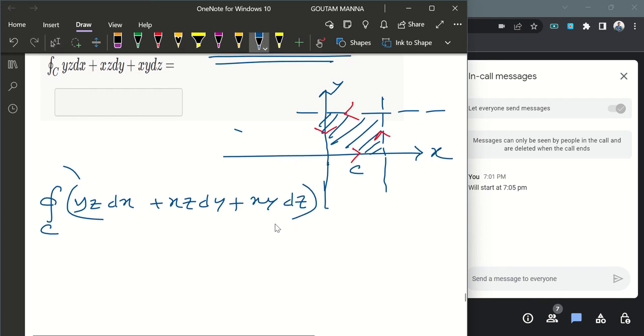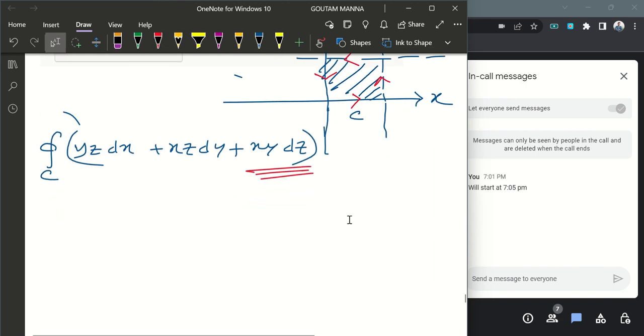Now we are always in the z equals 0 plane, the xy plane. Z is not varying, so we can drop the last term because there is no variation in z. The integral of dz will be 0. So only these two terms will survive.